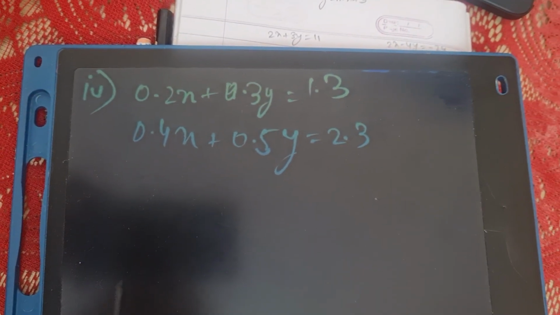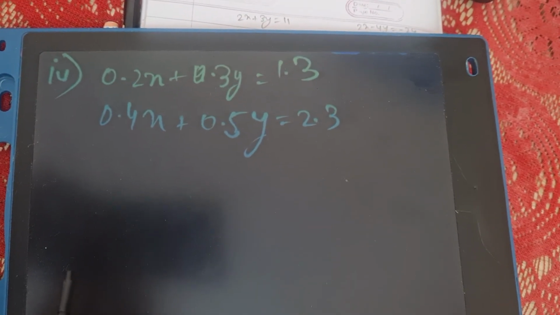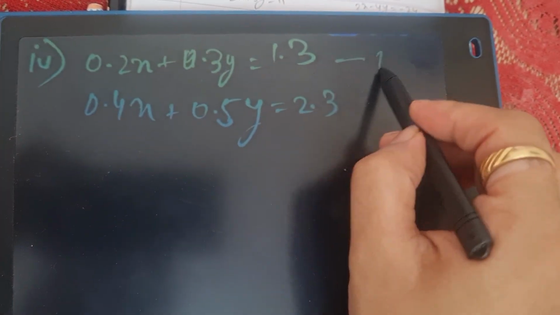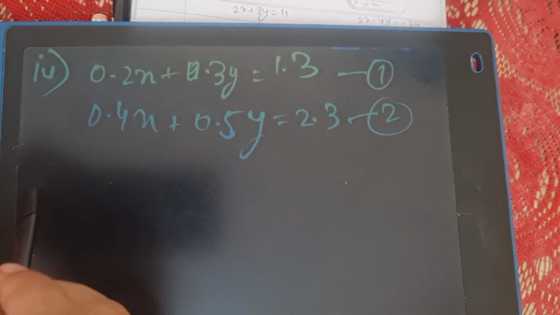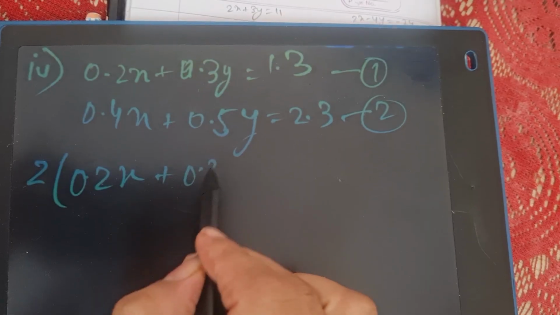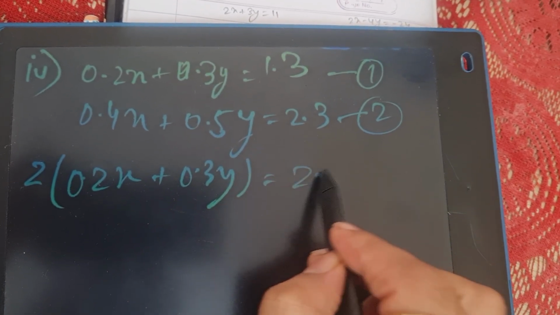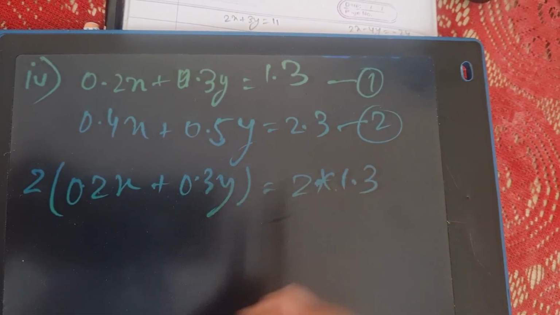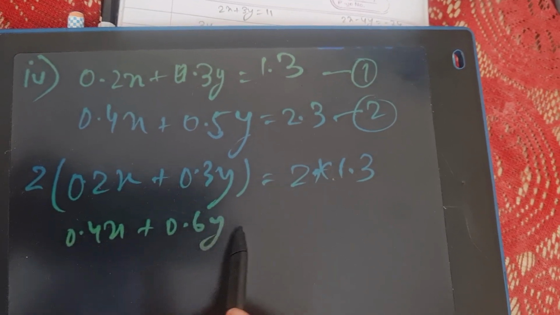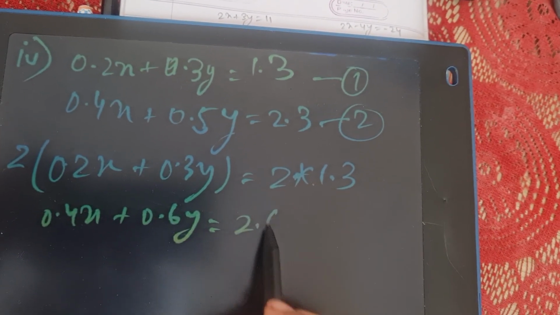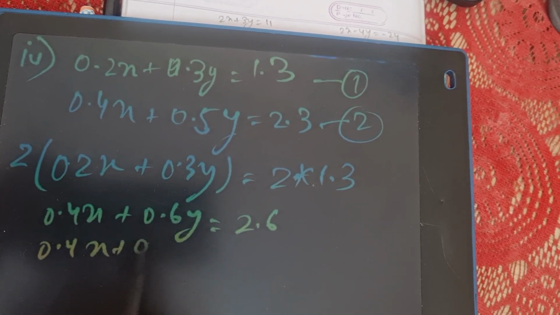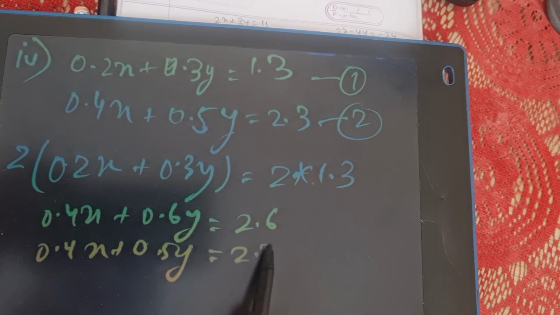So we need to solve this by substitution method. So let's name the equations, equation 1 and equation 2. So twice of (0.2x plus 0.3y) is equal to twice of 1.3. So 0.4x plus 0.6y is equal to 2.6, and 0.4x plus 0.5y is equal to 2.3.